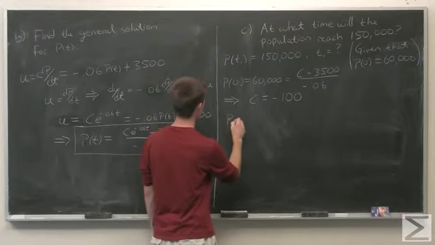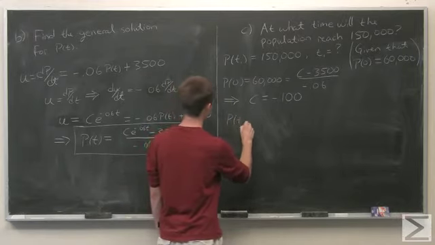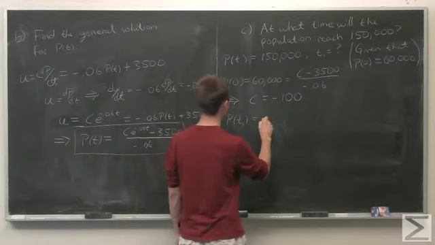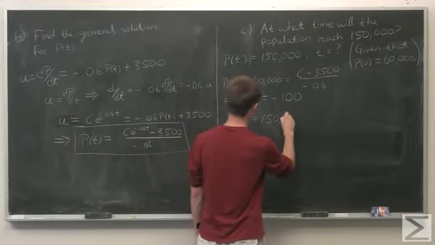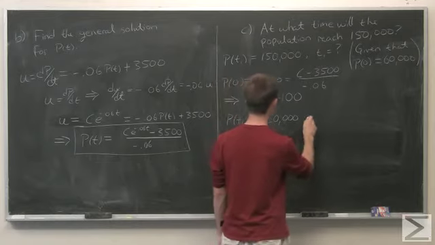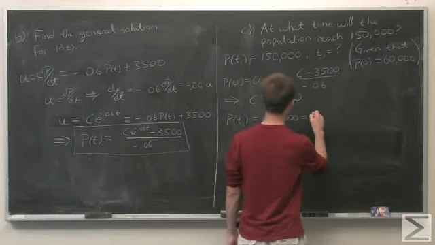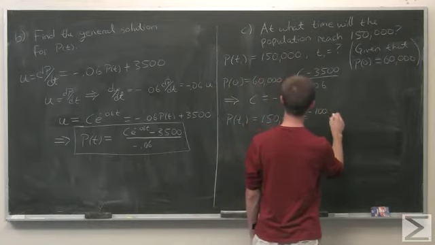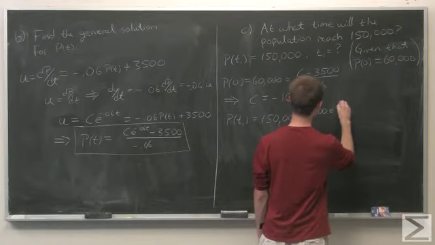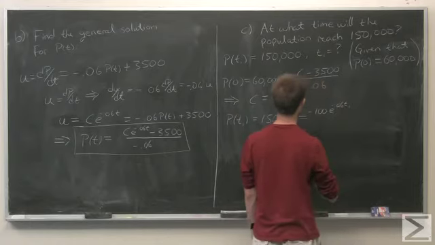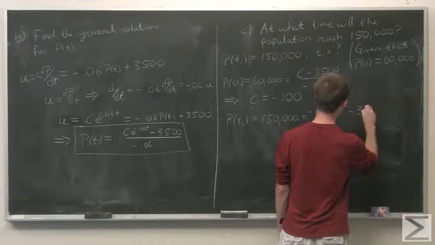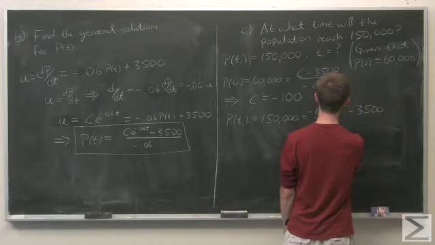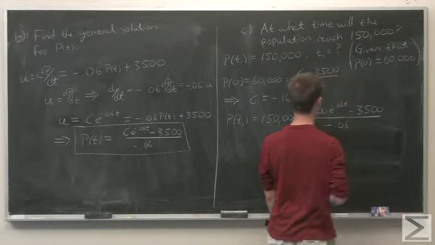So we know that P of t1 is equal to 150,000, but it's also equal to minus 100 times e to the negative 0.06 t1 minus 3,500 all over negative 0.06.